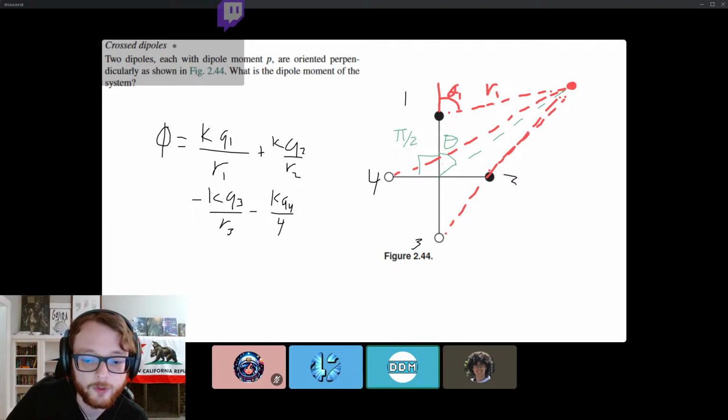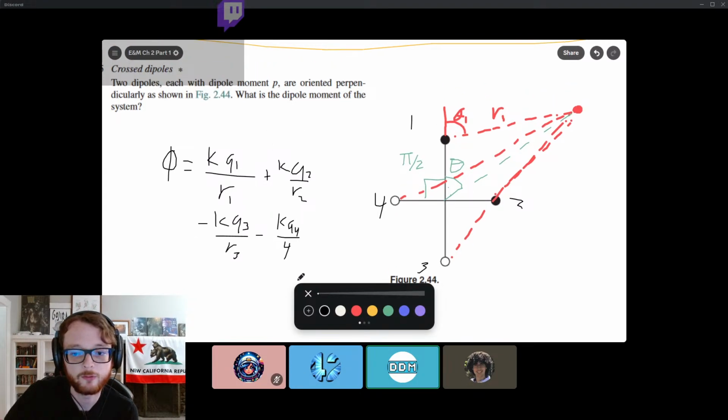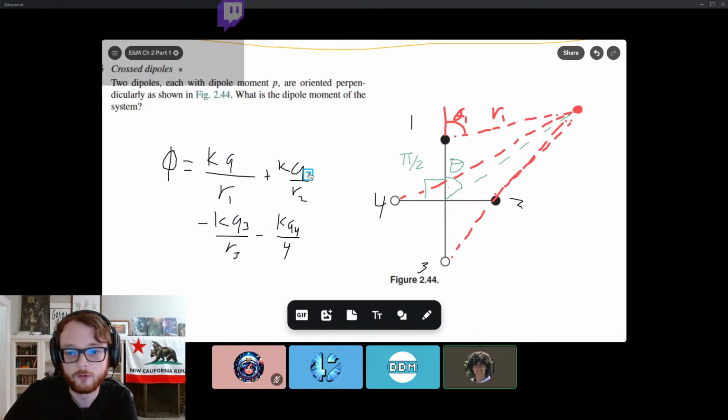And now we need to express R1 and R2. Well, actually, we're taking them all as just Q. I don't need to do subscripts on those. Right.